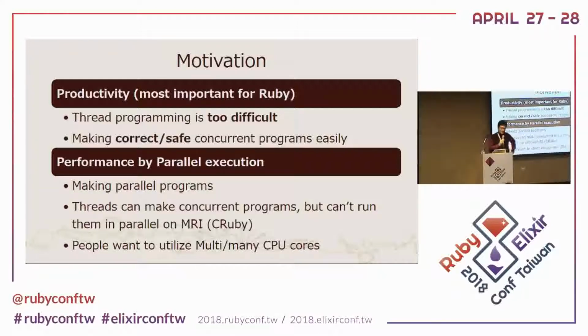Unfortunately, the MRI Ruby interpreter can't run threads on multi-cores, so we can't run programs in parallel. I want to overcome this limitation.